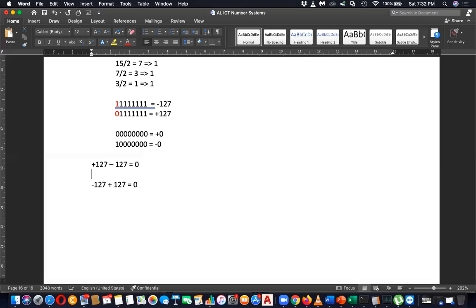But in this number system, you have another issue. Plus 127 is this one, then minus 127 is this one. So you have to subtract to get the answer. Then 1 minus 1, 1 minus 1, 1 minus 1. Likewise, you can just reduce. Then ultimately it's 0 minus 1.